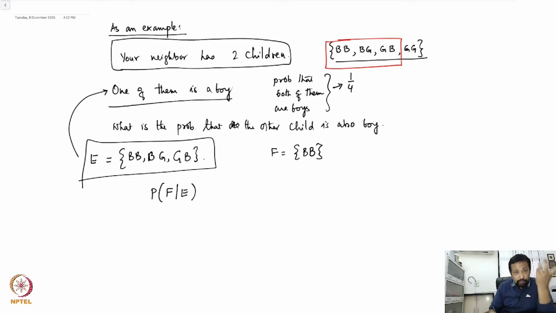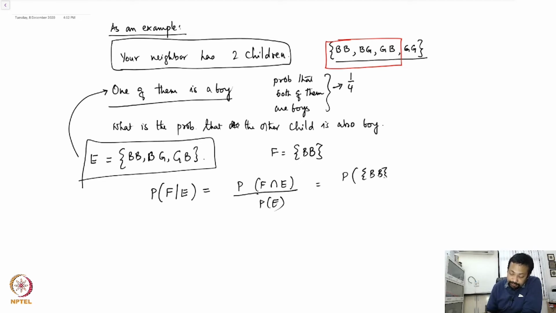And the answer that you're looking for, the probability that the other child is also a boy, is essentially that your neighbor has two boys, which we denote as F. Then the answer is P of F intersection E divided by P of E, right? So that is probability of BB divided by probability of BB, BG and GB, correct?